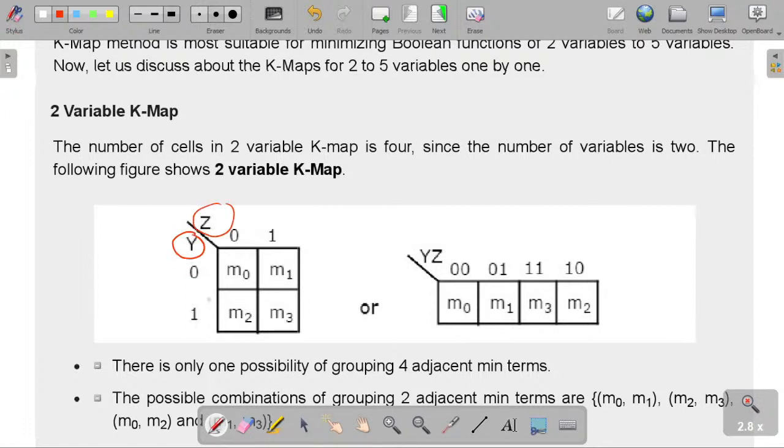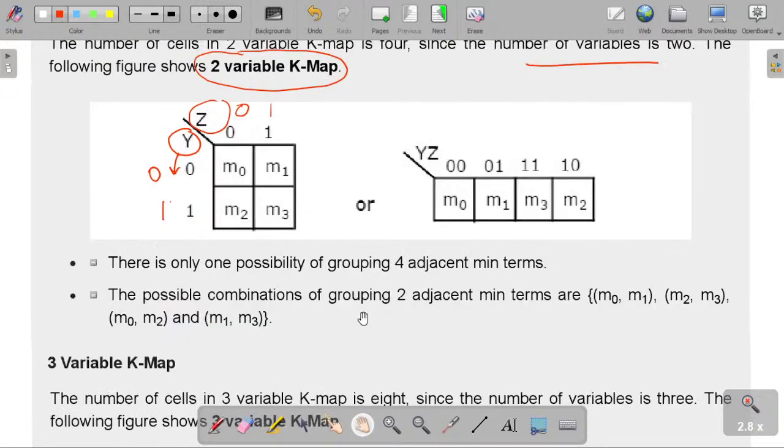Here the y variable is either 0 or 1, and this variable is also either 0 or 1. There is only one possibility of grouping the 4 adjacent minterms. The 2 variable K-map has 4 cells. Since the number of variables is 2, the figure shows the 2 variable K-map.